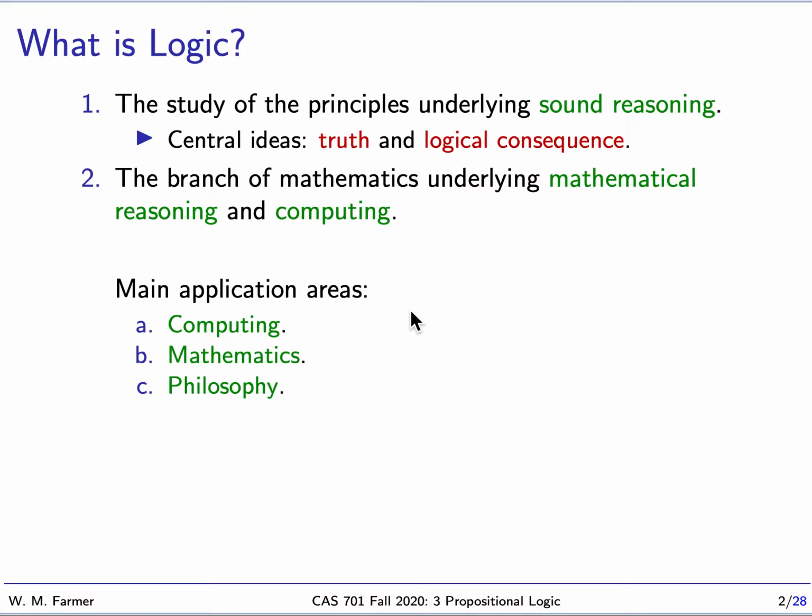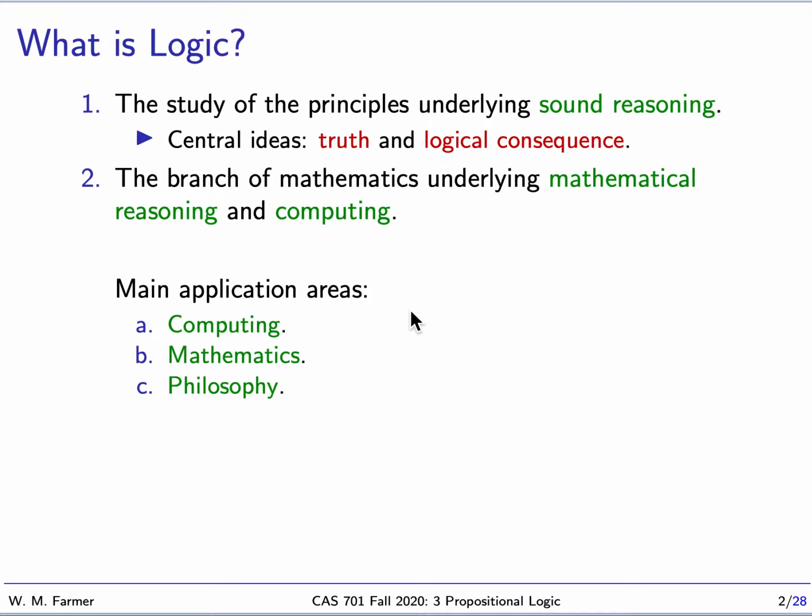So what is logic? There's different ways that logic could be defined. The most common way of defining it is the study of the principles underlying sound reasoning. Sound reasoning is reasoning that leads to truth. The central ideas of logic are truth and logical consequence, and we'll learn more about precisely what these mean as we go on.